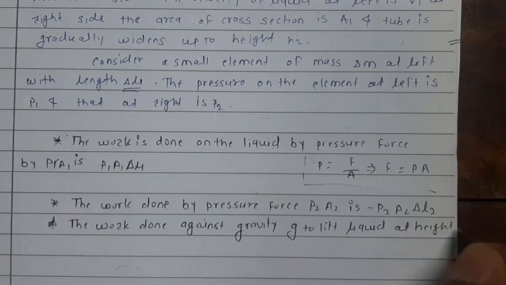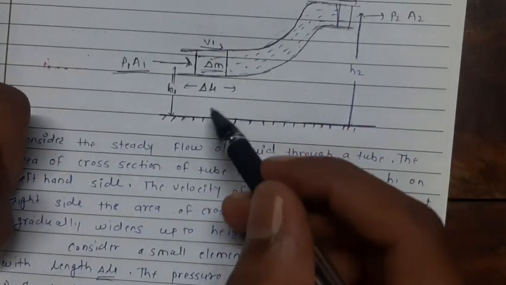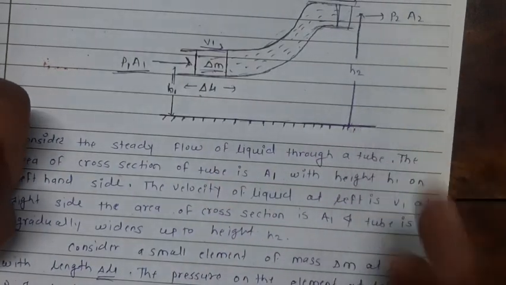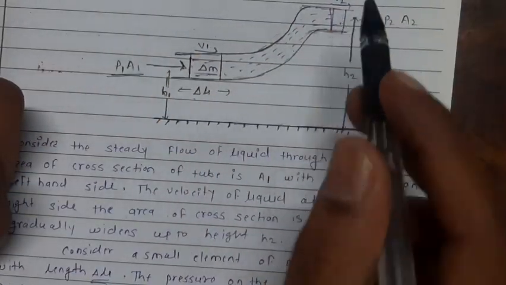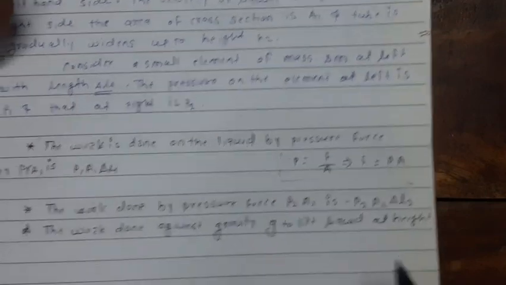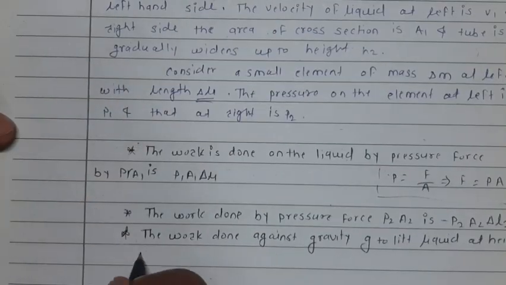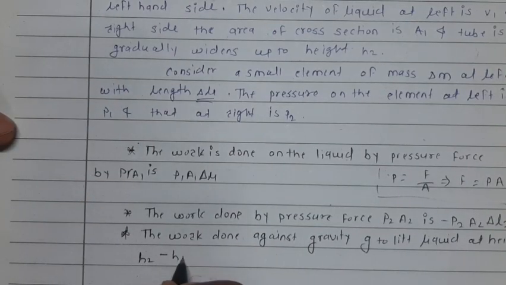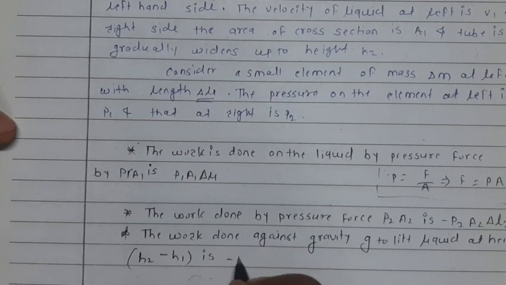Now see, the height on the left hand side is h1, the height on the right hand side is h2. So the overall increase in height is h2 minus h1. So this will again be minus mg (h2 minus h1).